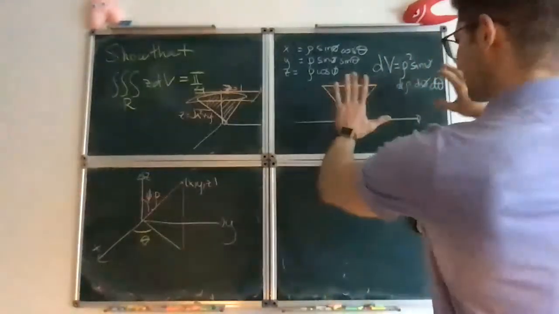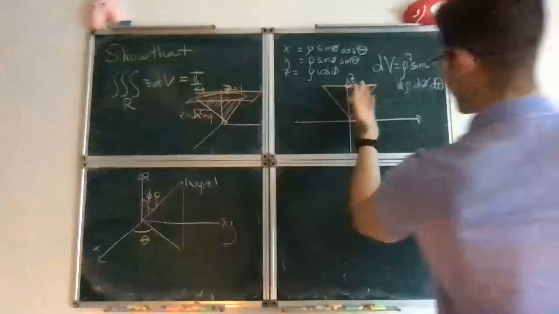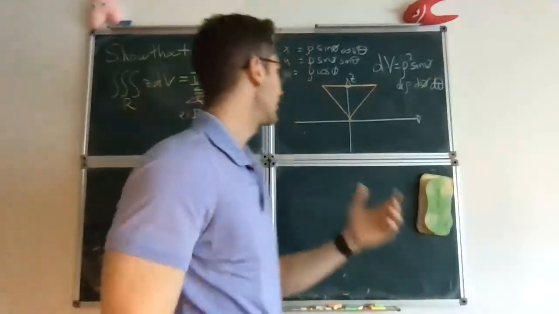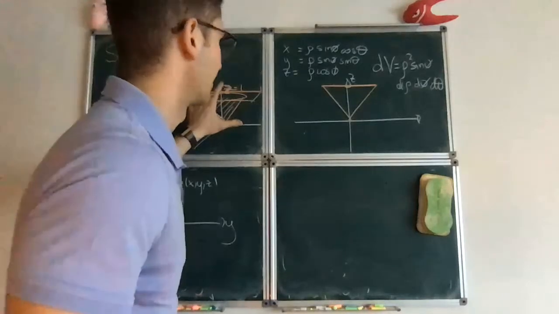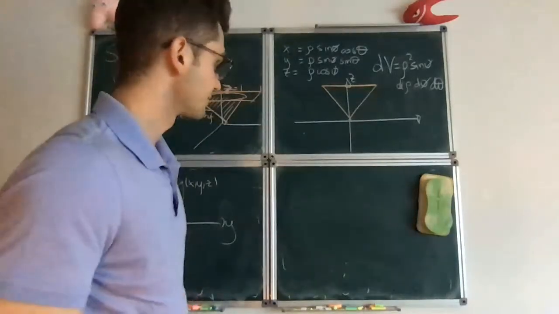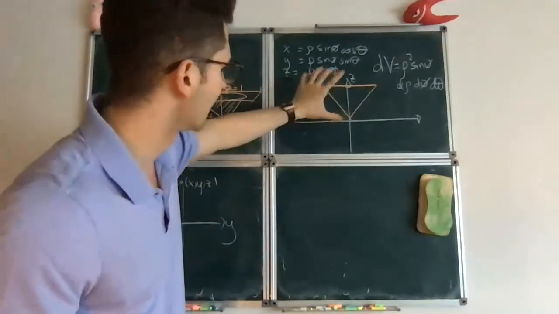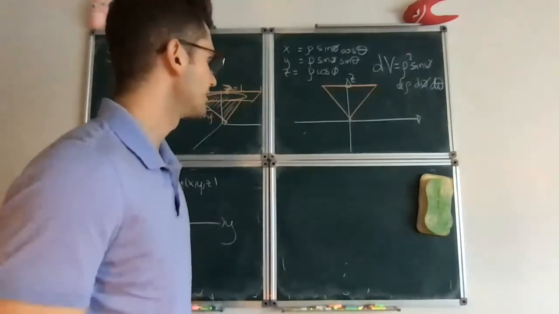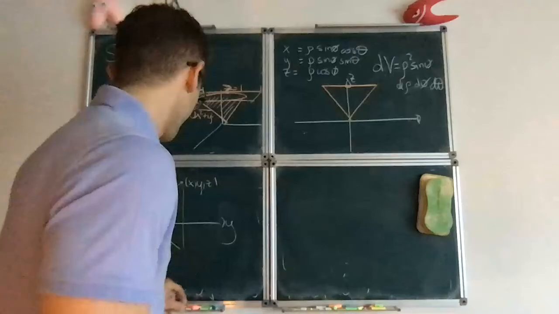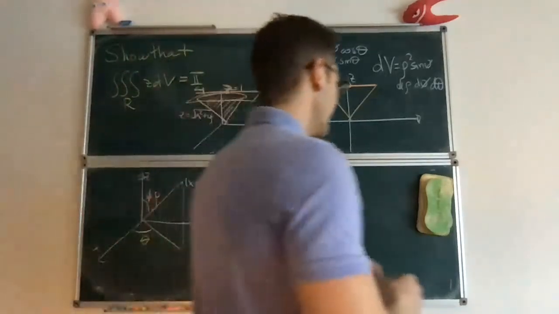Because if you took this region and rotated by 2 pi, then you recover the volumetric region on the left hand side. And so this is the region that we were interested in. Now we just need to express it using spherical coordinates. So let's try to think about that.